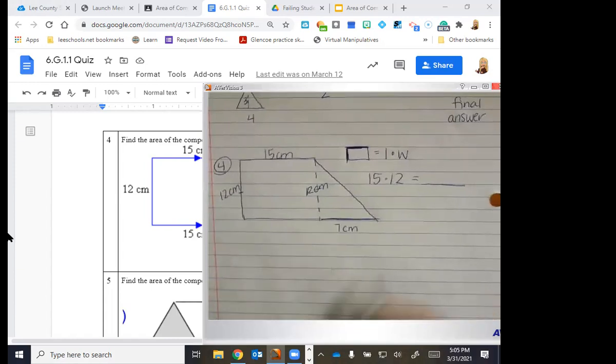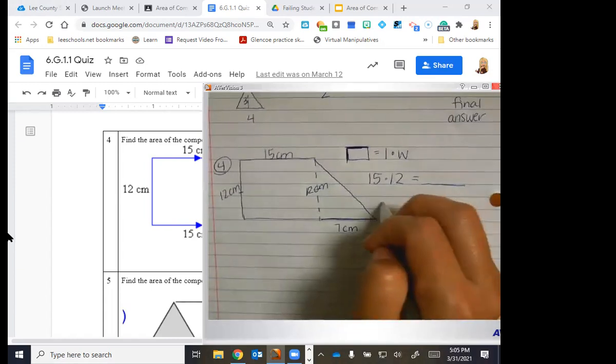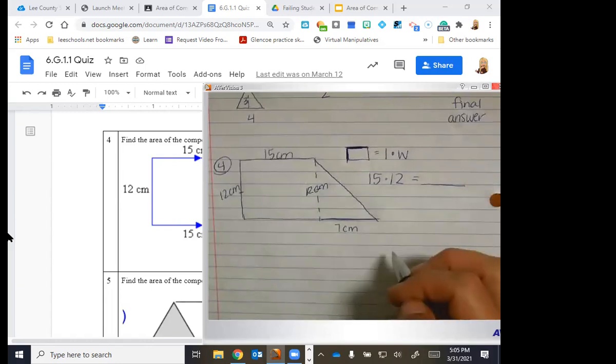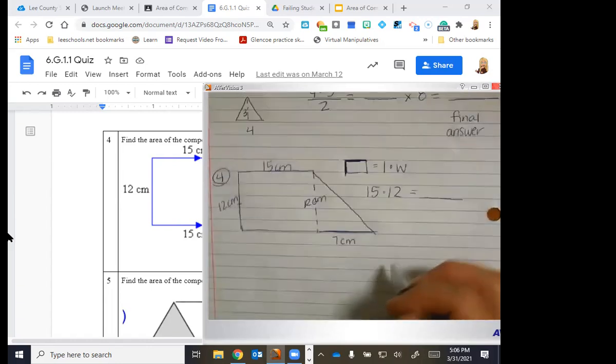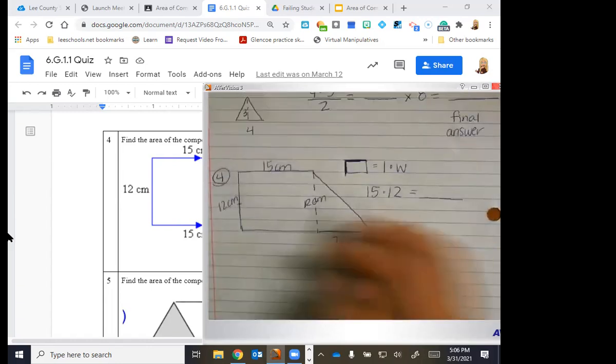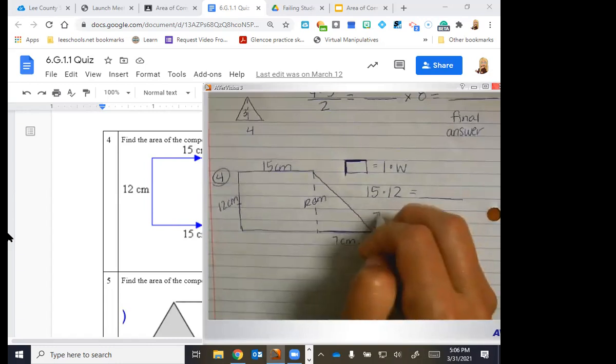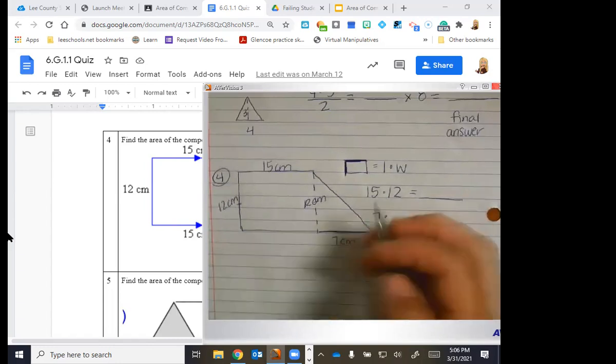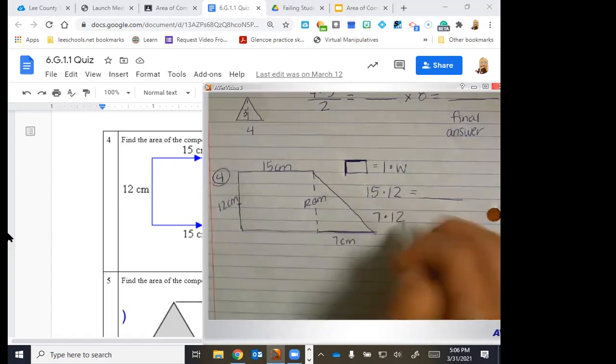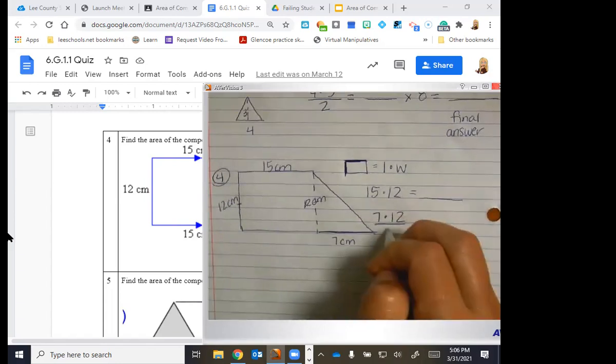And then triangle. Remember, the area of a triangle is base times height divided by 2. So you're going to do base 7 times height 12. Divide that answer by 2.